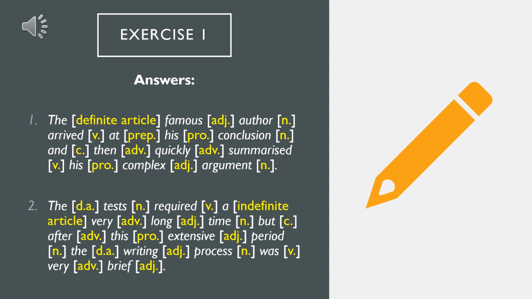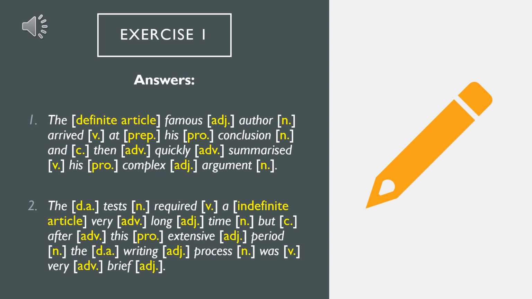Famous is an adjective in this sentence because it describes the noun. Author is a noun, a person, place, or thing. Arrived is a verb, the action word of the sentence, and here it's in the past tense. At is a preposition, which positions us before the upcoming noun.